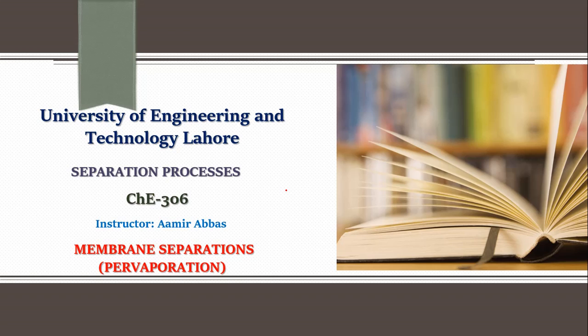Then in the last lecture we discussed membrane application for gas permeation, in which we studied that membranes can be applied for separation of various gases. Porous and non-porous membranes can both be used, but it's better to use a non-porous or dense membrane, because most gases have small diameters and it is difficult to separate them by size exclusion.